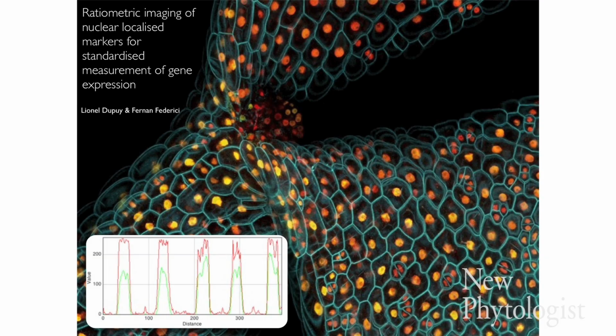And of course, you can use this in intact tissues. Here we're looking at the stem of a young Arabidopsis seedling, the two hypocotyls, and the central portion of the apical meristem. And here we've got not just one nuclear marker, but two. In this case, we've got a cyan marker in the membrane, but this has got both red and green fluorescent markers in the nucleus.